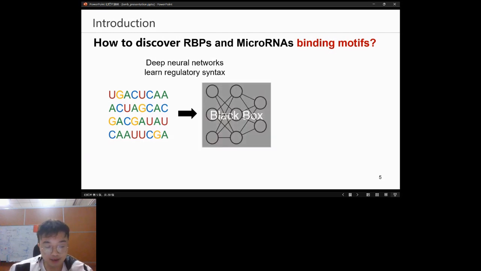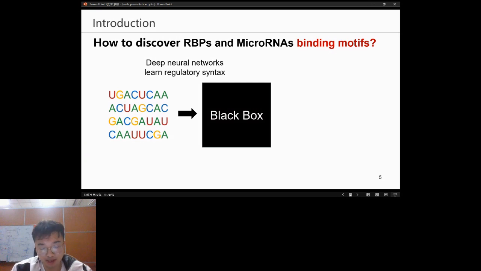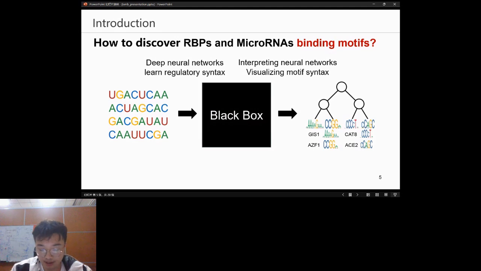However, neural networks are black boxes that make it difficult for researchers to understand the rules learned by models. Therefore, we can apply explainable AI to interpret a neural network to get new insights learned by it.